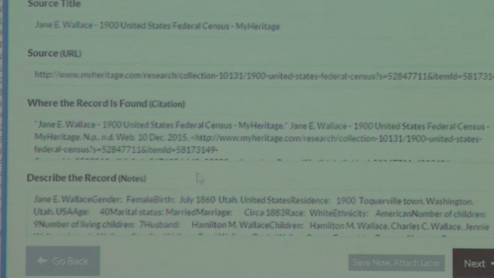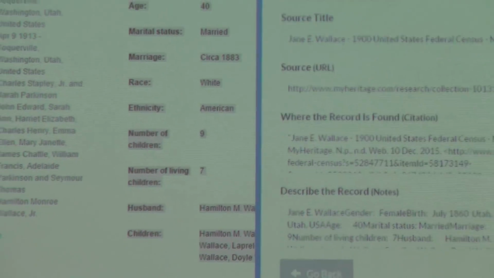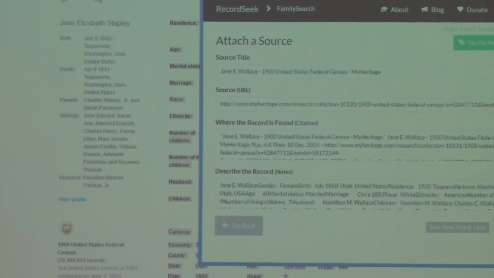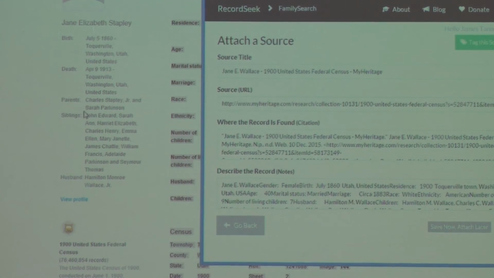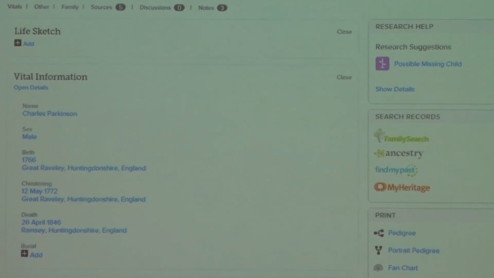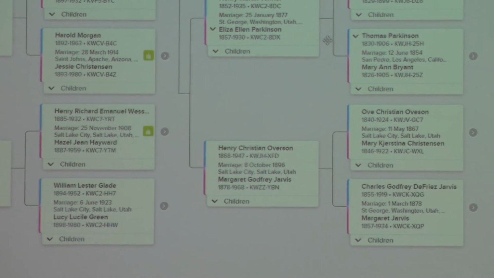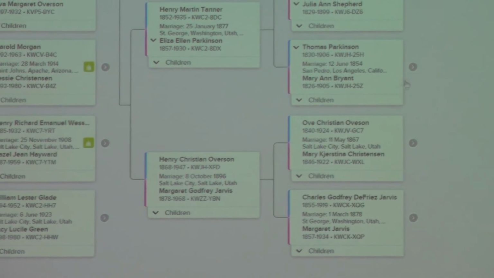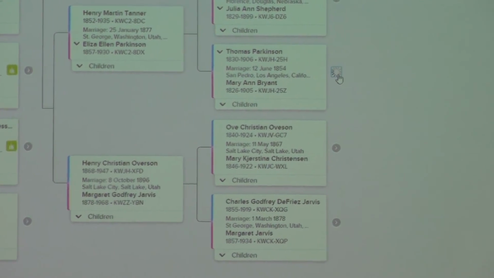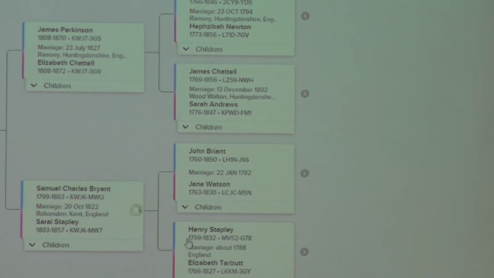Okay, now I need her, her parents are Charles Stapley Jr., and I need her PIN number, so I need to know how to find her. So I'm going to have to go back to my family tree, and I'm going to go back on the Parkinson line to where I can connect with all of these Stapleys.